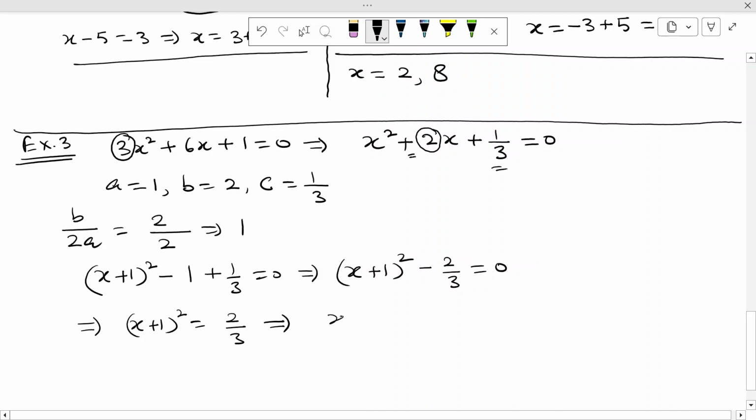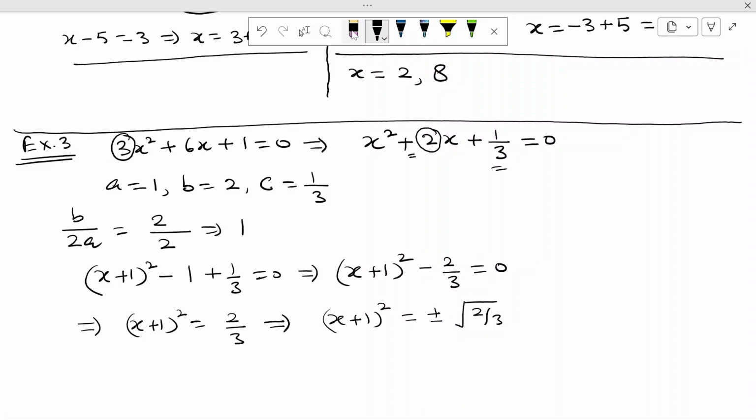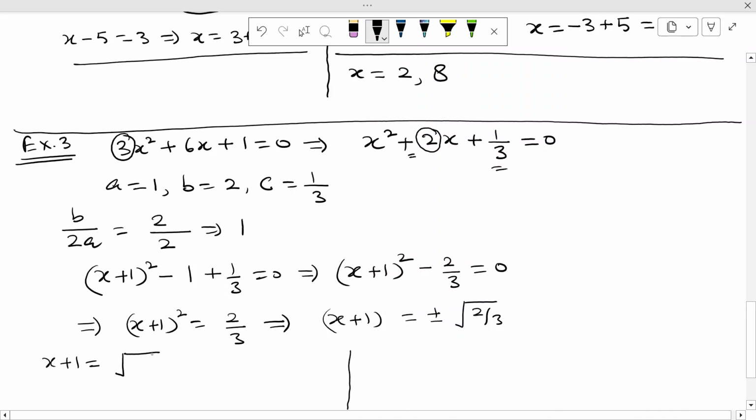So this will be x plus 1 is equal to plus minus square root of 2 by 3. Now if you consider this x plus 1 as the positive square root of 2 by 3, from here you will obtain the value of x as minus 1 plus square root of 2 by 3.